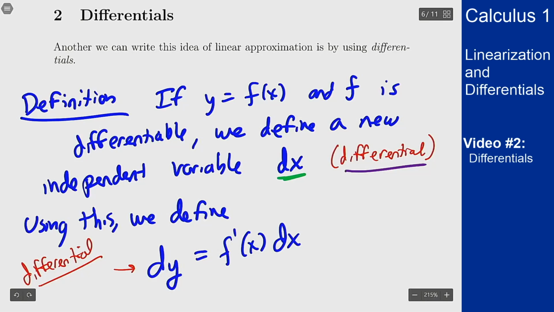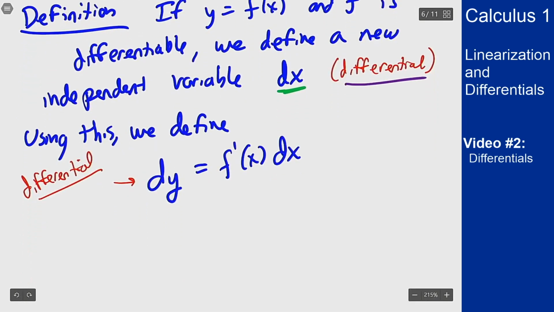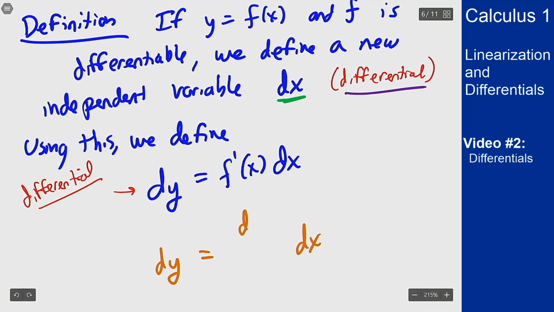The idea of defining them this way is that if these differentials exist, then dy is dx times what? Well, this ratio here is f prime, which is dy over dx. So it's kind of like you're canceling out fractions, but you're not, because this thing in here really isn't a fraction.